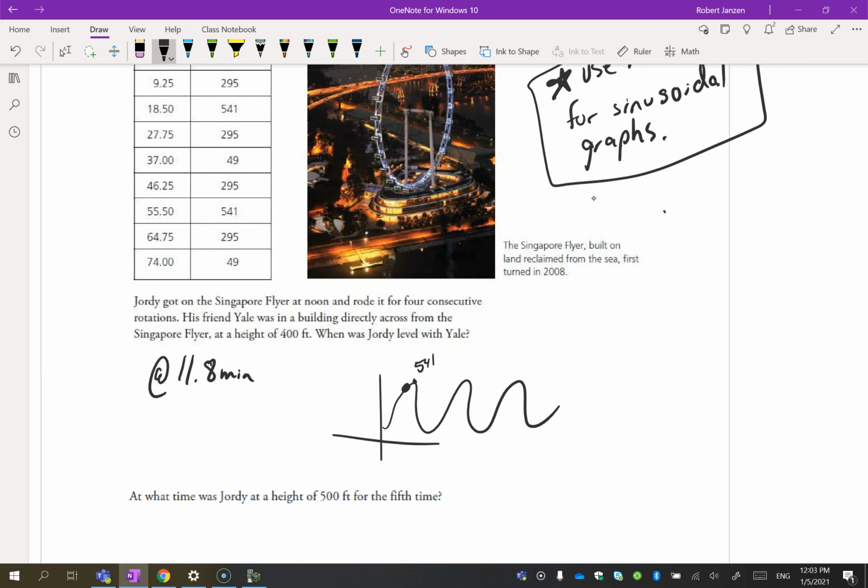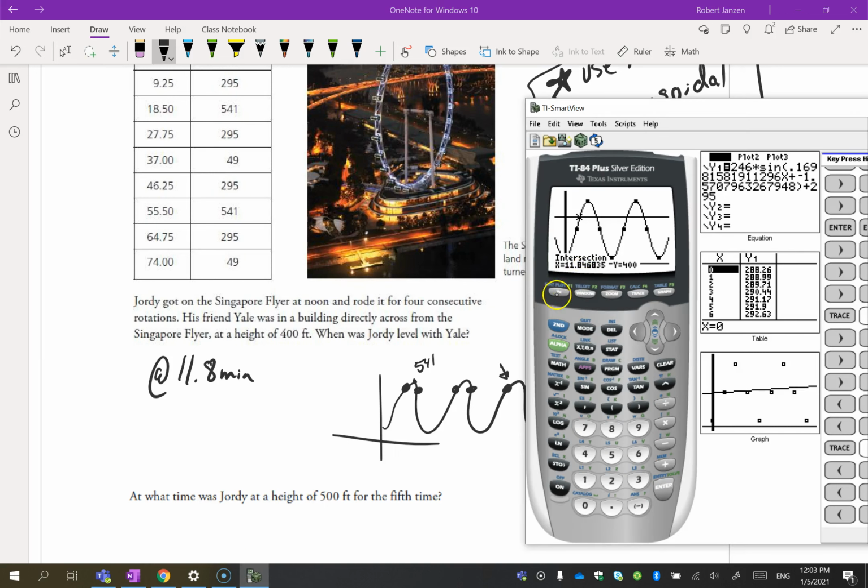When are you going to be at 500 for the 5th time? There's the first, the second, the third, the 4th, and the 5th time. When does this happen? Well, let's change y equals. Let's say we want 500. So where is that 5th time?